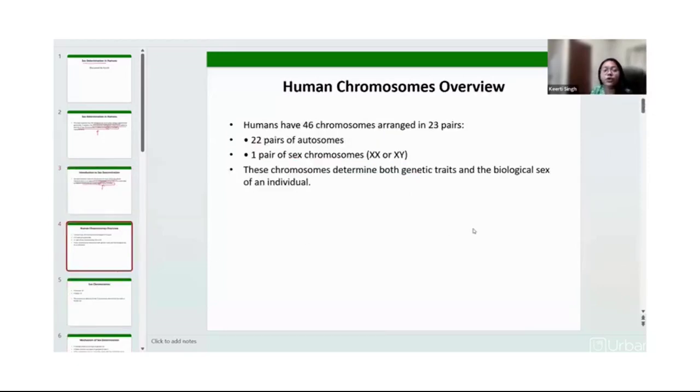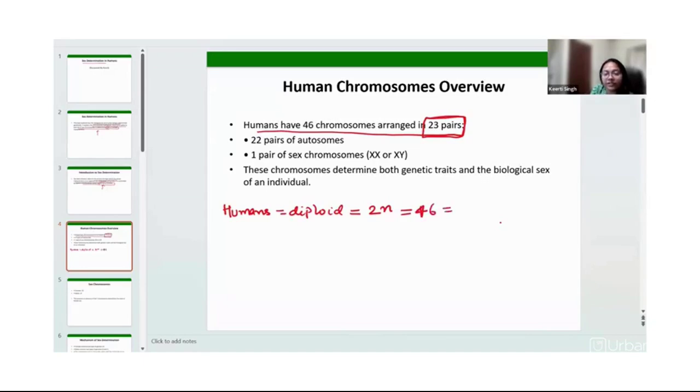So we already know that humans have 46 chromosomes and they are arranged in 23 pairs, right? We already know that human beings are diploid. It means we have 2n content of DNA that is equal to 46 or 23 pairs, whatever you would like to write.